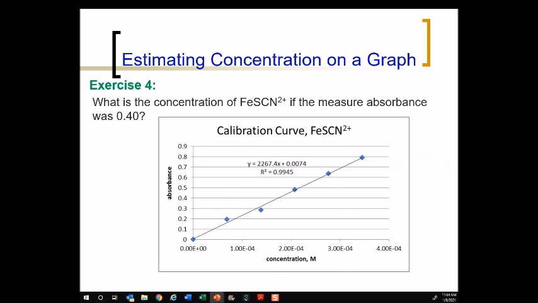One other thing that they might have you do is just directly use the calibration curves. Like, what is the concentration if the measured absorbance is 0.4? So really, in this case, pretend they didn't give you the calibration best fit line. Here you would just go over to the graph and draw it down, and then you do your estimation, like so.